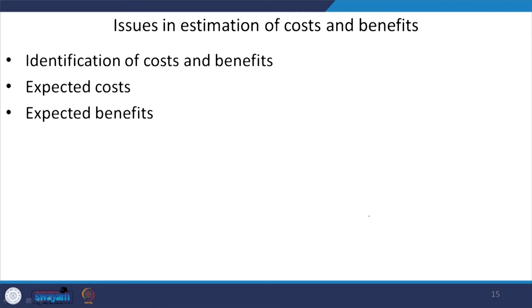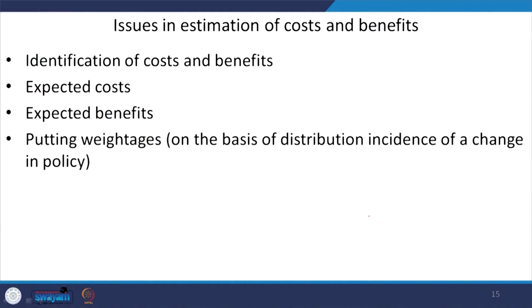So, it is expected, it is not the actual that is happening. Although we are taking into account these discounting factors, still it is a debatable issue, prone to uncertainty. Likewise, the same logic applies to the expected benefits. You do not know what will happen after 3 years, or after 10 years.